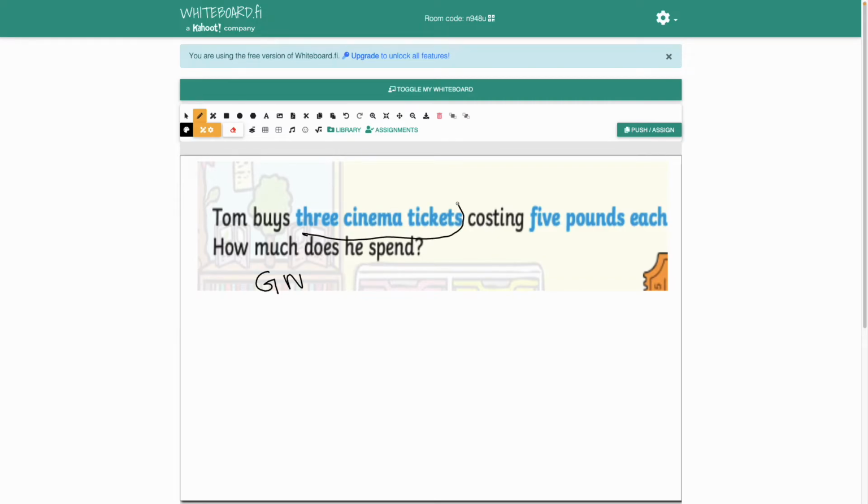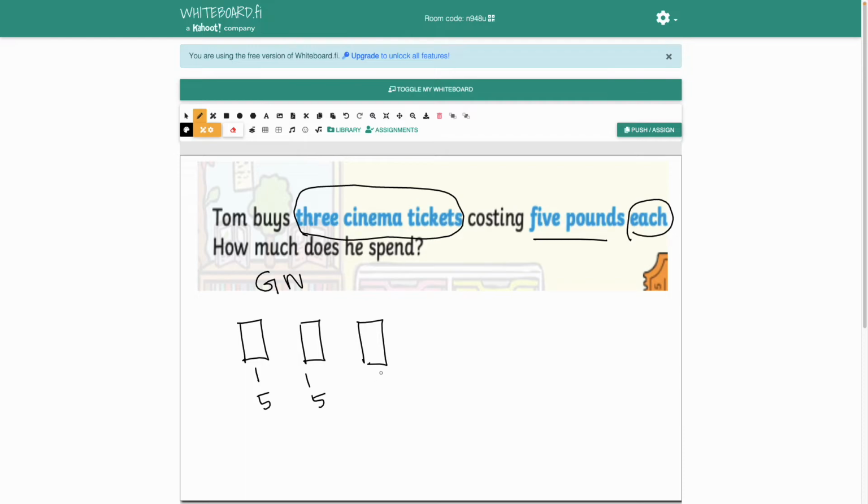This is the tricky word: 3 cinema tickets. Very good. So, 3 cinema tickets, like 1 ticket and 2 tickets and 3 tickets. Each ticket costs how many pounds? 5 pounds. Great job. So, each ticket is 5 pounds.